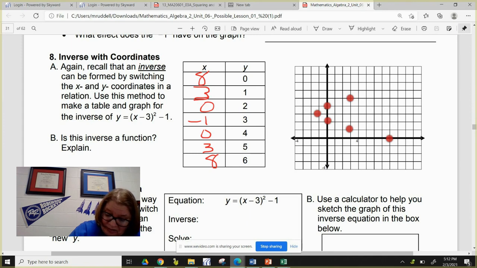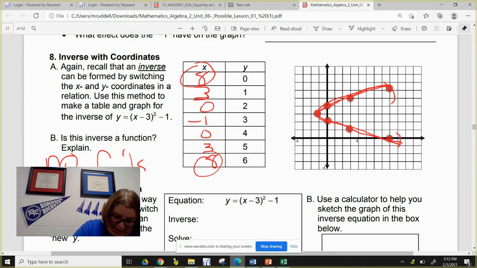And 8, 6. Oh, that is a horrible looking parabola. Should be rounded. Is this inverse a function? No, it's not. The x's repeat. It fails the vertical line test. VLT, vertical line test.